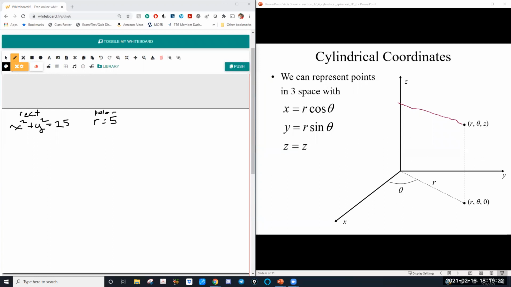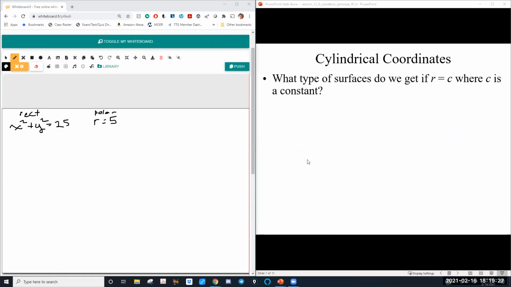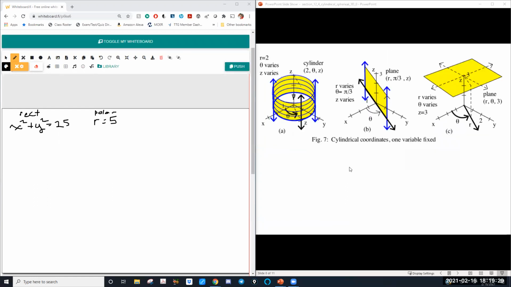These things are called fundamental surfaces. Here's an image from the book so you can see what's going on. This would be if r is a constant, this would be if theta is a constant, and this is if z is a constant.